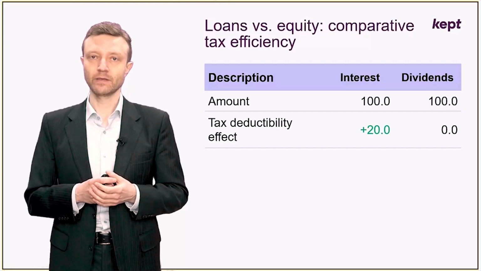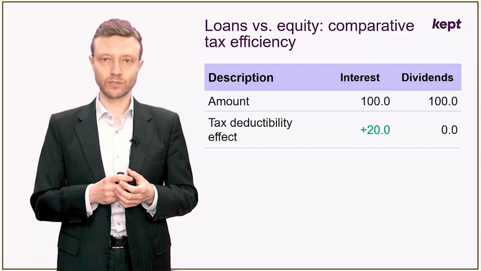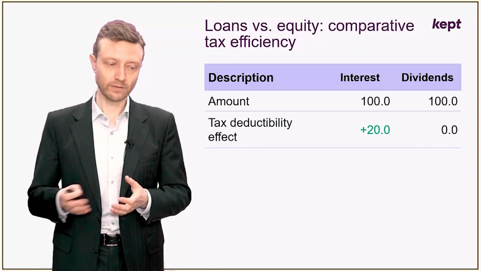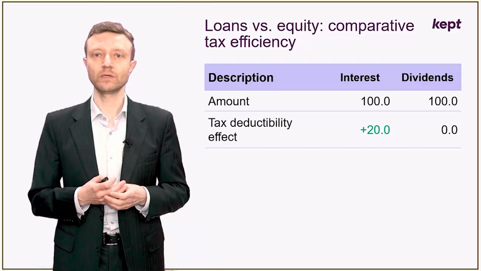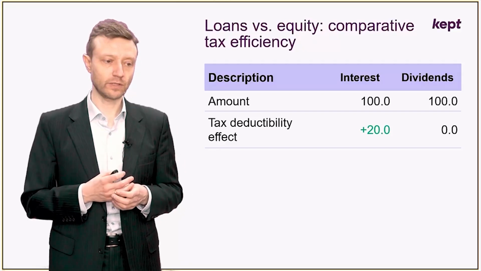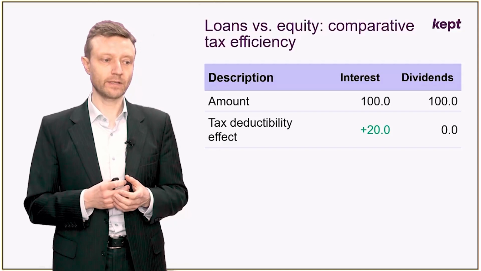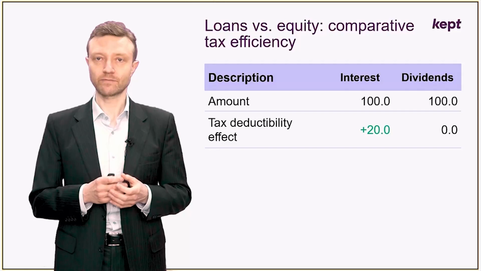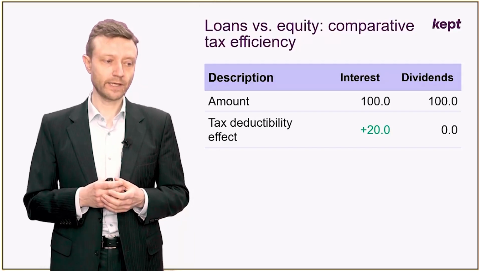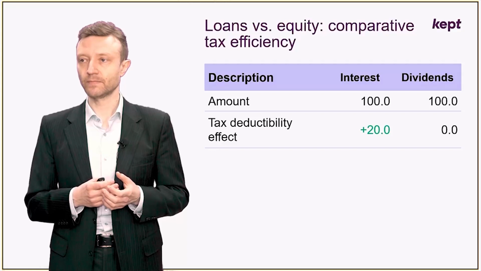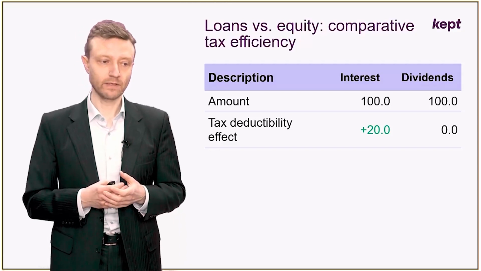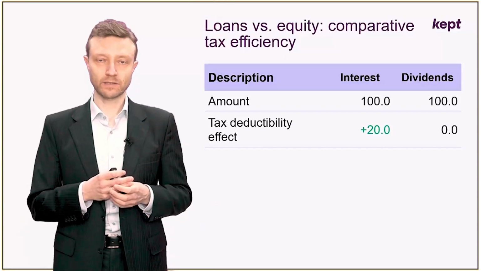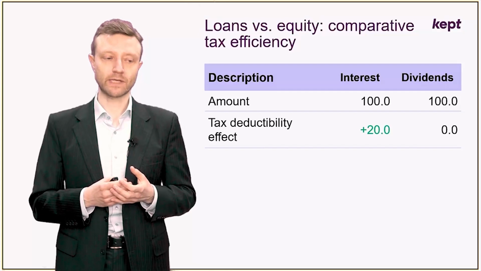If interest is paid, the main advantage is that interest is usually deductible. This should be taken care of, and there are limits and rules which we are going to talk about in a minute. But overall, if done properly, it is possible to deduct interest. While dividends are paid from after-tax profits. This is why there is no additional tax saving or tax effect achieved in connection with dividends as compared to interest, where we achieve deductibility and some positive tax effects.